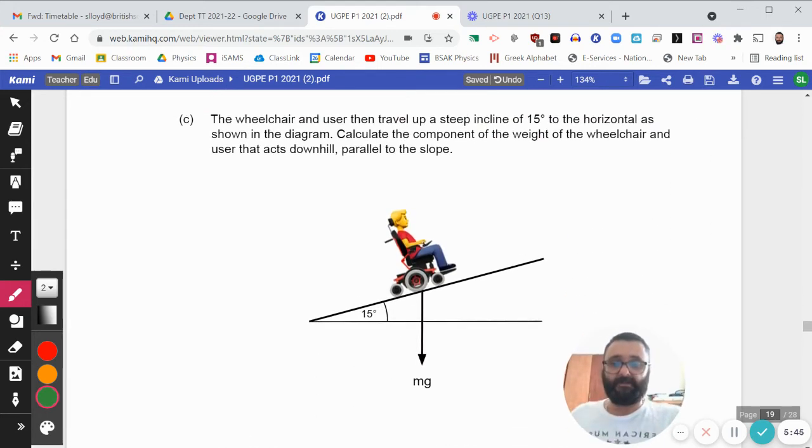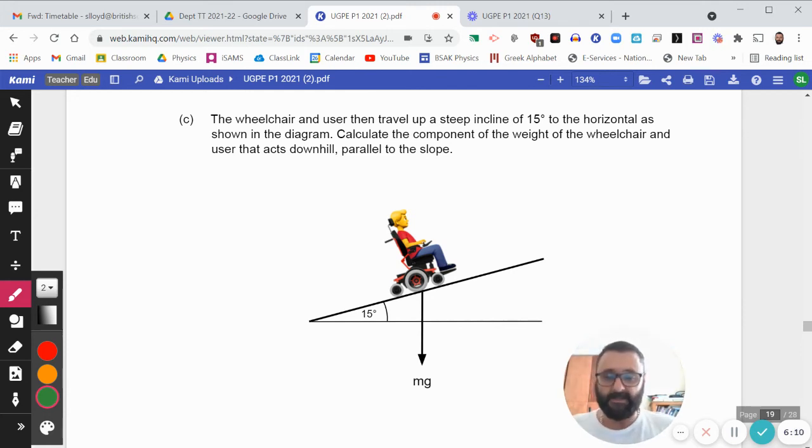Right, the wheelchair is now going up a hill. The wheelchair user then travels up a steep incline of 15 degrees to the horizontal, shown in the diagram. Calculate the component of the weight of the wheelchair user downhill. Right, his weight is vertically downwards. This is a very common question when you have things moving up inclines.